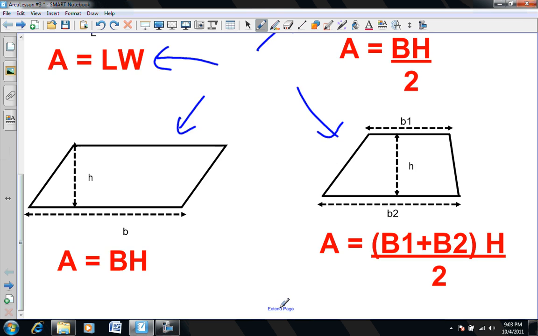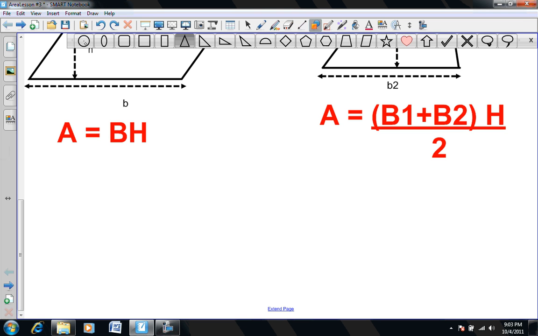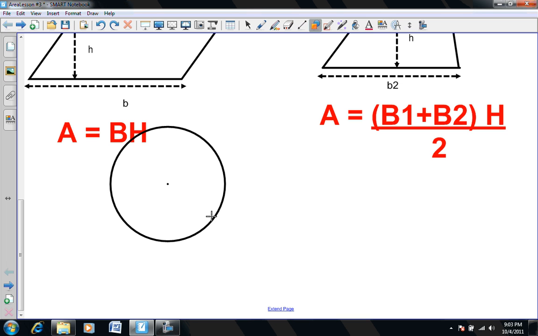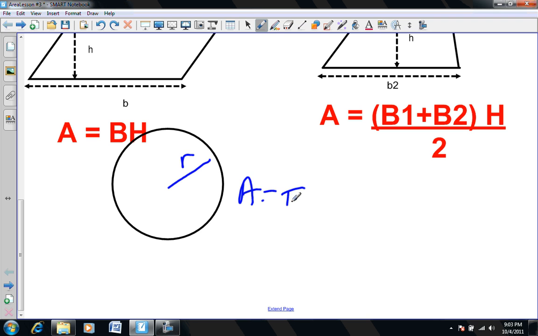In addition, I forgot to put one on here, we learned that the formula for the area of a circle can be found by taking the radius squared and multiplying by pi. So the formula for the area of a circle is pi r squared.